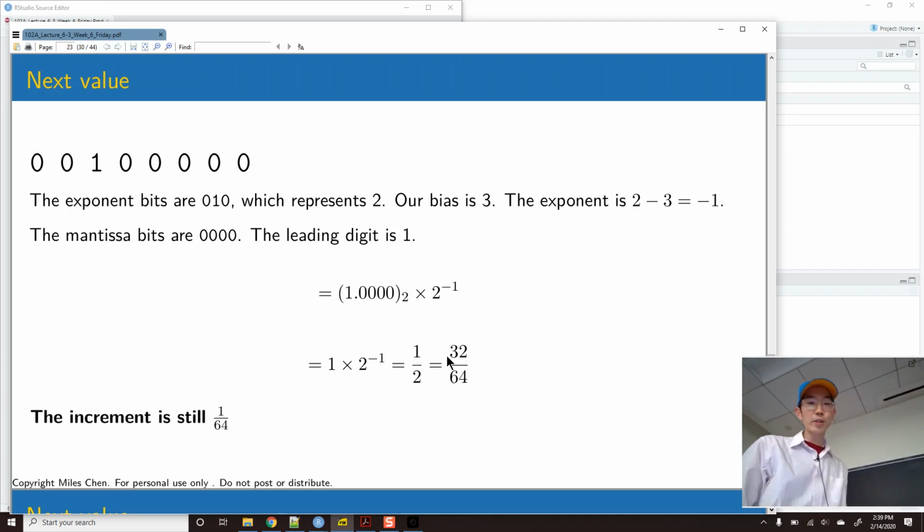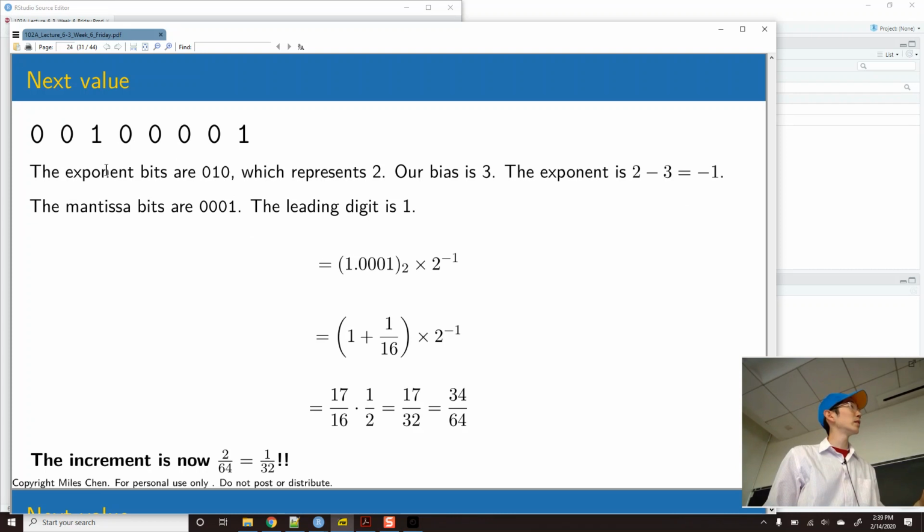But here is the amazing thing, okay? So here I'm at 32/64, and now what happens is when I add 1, instead of becoming 33/64, this is where the magic of floating point comes in, is that now we're going to take bigger steps, okay?